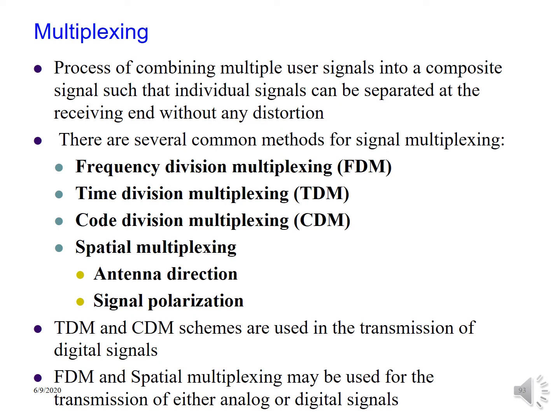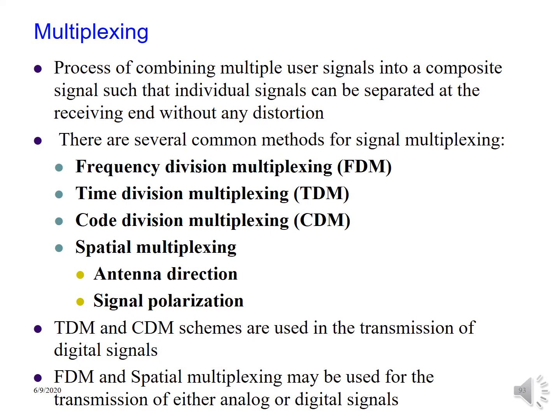You will hear these a lot: frequency division multiplexing, time division multiplexing, code division multiplexing, and spatial multiplexing. Spatial means space, whether we have different antenna directions or we separate it by different polarization.